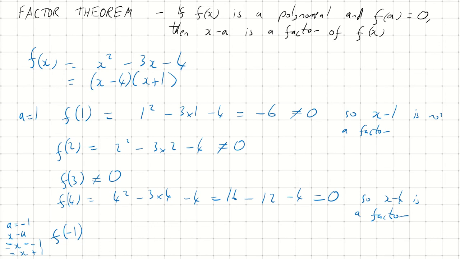So that's why we're going to look at f(minus 1). f(minus 1) is minus 1 squared minus 3 times minus 1 minus 4. That's 1 plus 3 minus 4, which is 0. So x plus 1 is a factor. Of course, we already knew this, but this is just demonstrating that the factor theorem works with a known example.